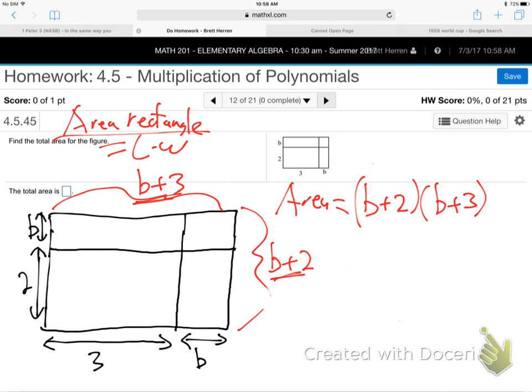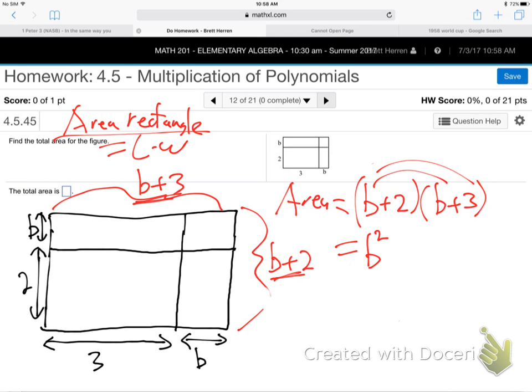Is that making sense? Is that good? And then just carry that out. Can you guys foil that out? So go ahead and foil that out as we've been practicing. So here we go.